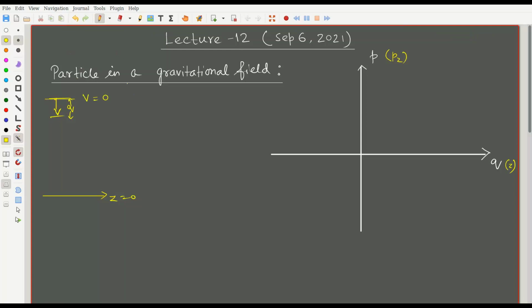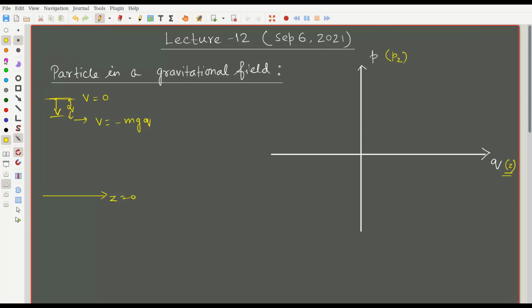Then at this point V will be minus mgq if this is your 0 of the potential. It doesn't matter where you take the 0 of the potential, but in my notes I use this convention. So it is not actually z, but q is measured along the z direction, from the point where potential is 0, and downwards.